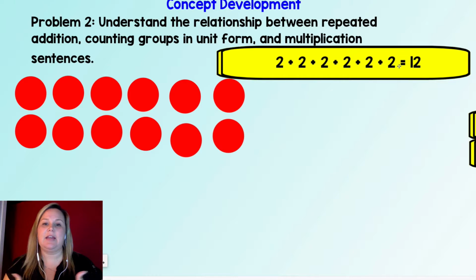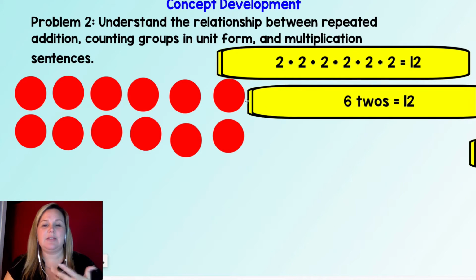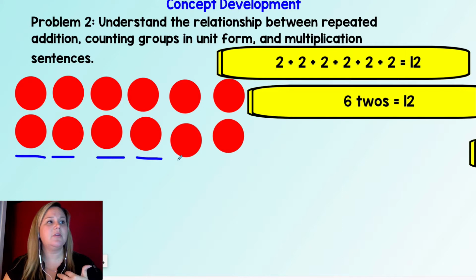Unit form is just a fancy way of saying that we have the same number in each group. So how many groups do we have of 2? We have 6 2's. That's my unit form. So I have 6 2's equals 12. There's 1 group of 2, 2 groups, 3 groups of 2, 4 groups of 2, 5 groups of 2, and 6 groups of 2.